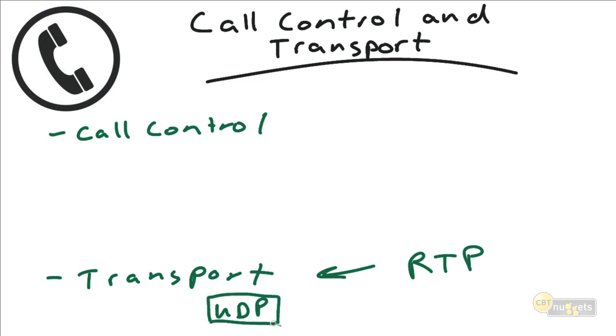We learned this back at the CCNA level when we were talking about TCP at the transport layer, transmission control protocol, versus the unreliable connectionless UDP at the transport layer. So real-time transport protocol, RTP, is going to encapsulate the voice, which is encapsulated in UDP packets. So that's going to be the protocol we use for transport.